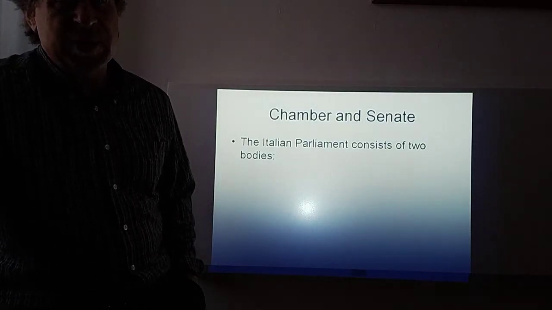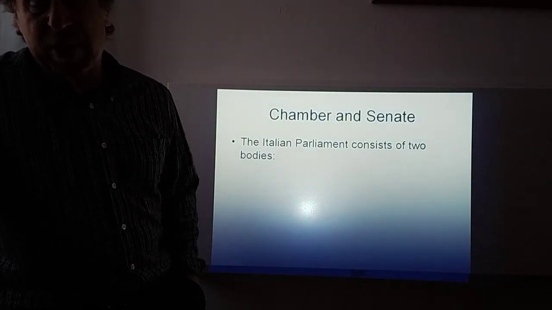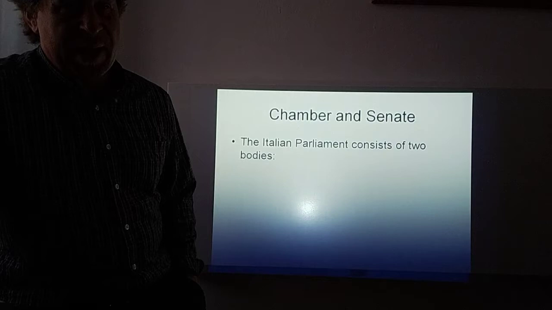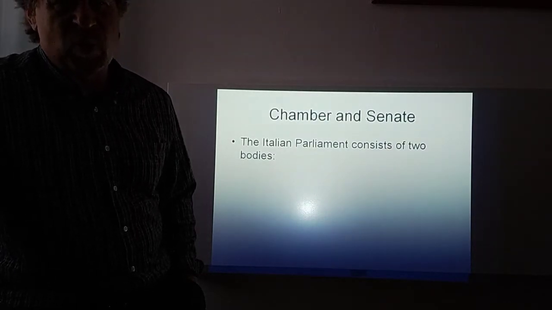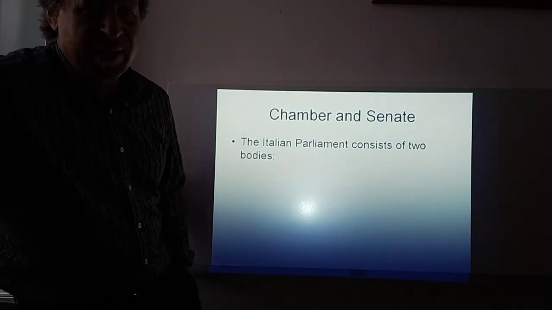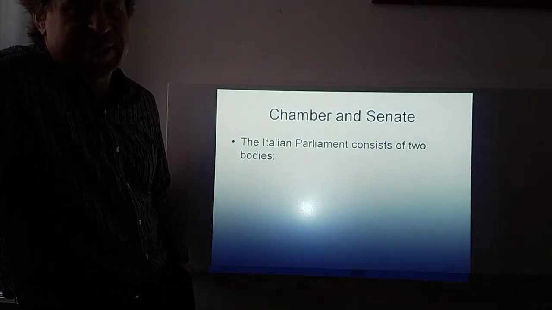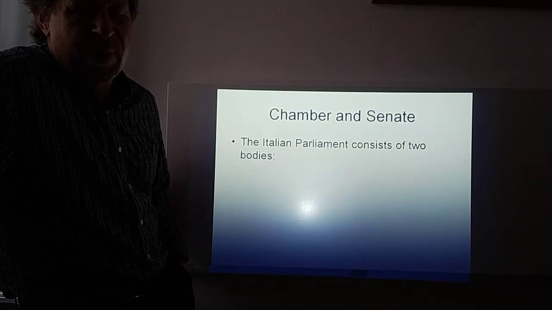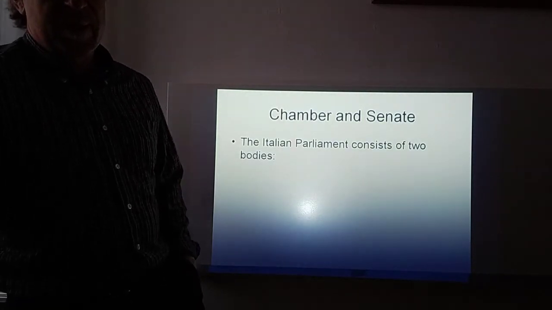Normally, the houses can either represent the regions and then the nations. So one house is more of a representation of the regions, or maybe the states. In America, you've got the Senate, which represents the states and is organised according to the states.